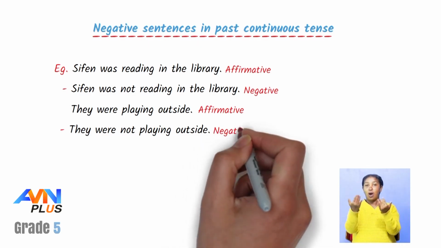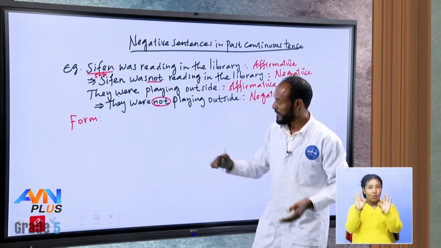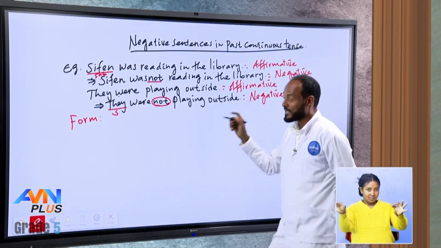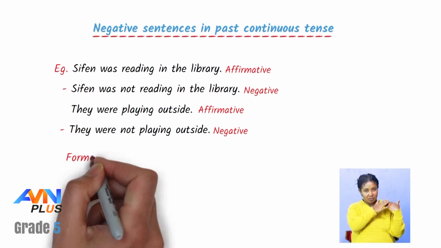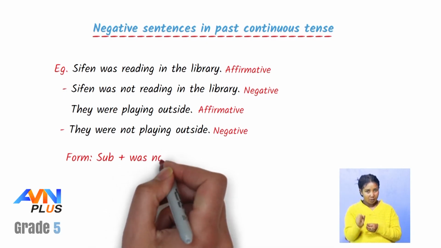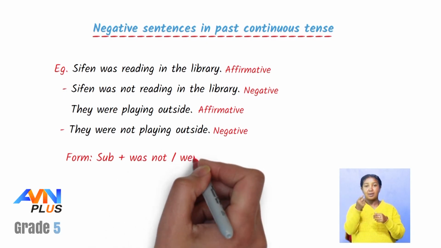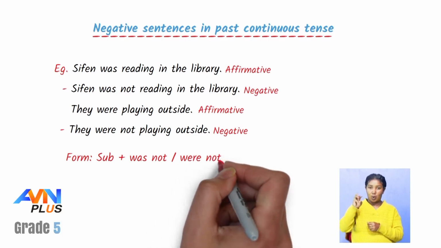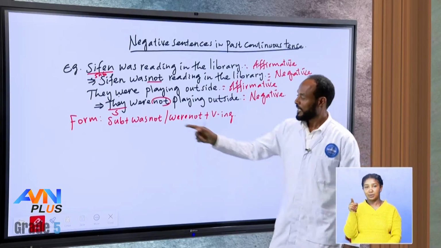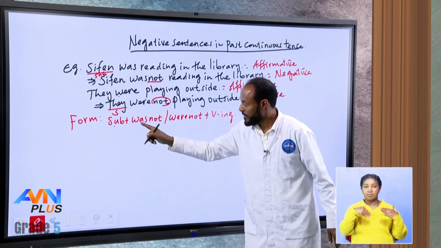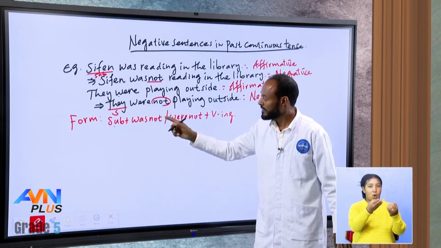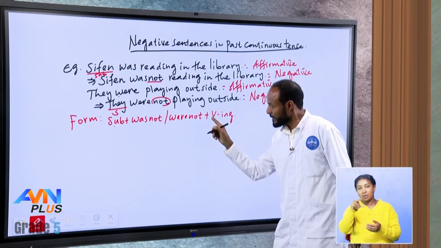So, now it is time to go to the form. The form of the negative sentence: subject plus was not or were not plus verb-ing.